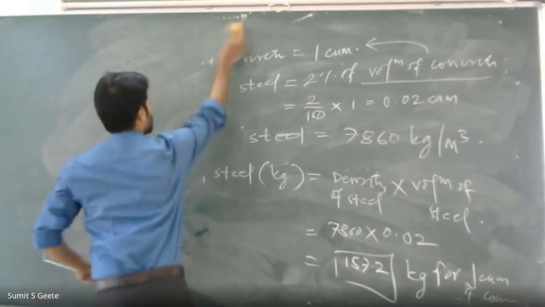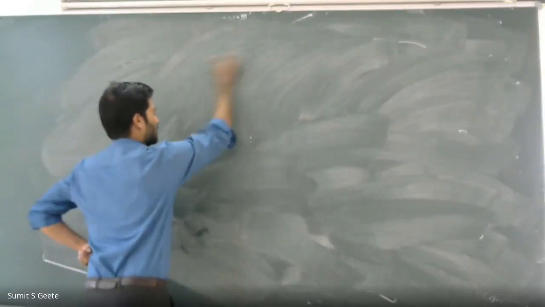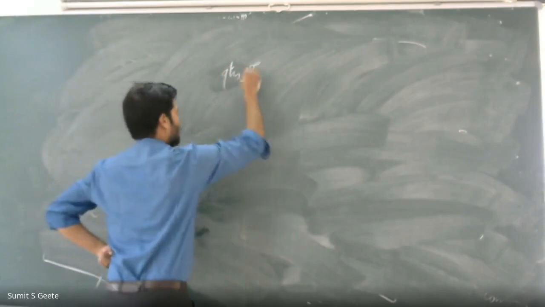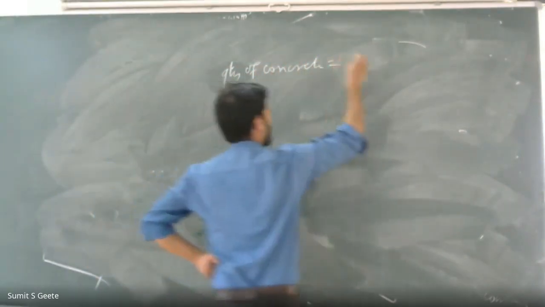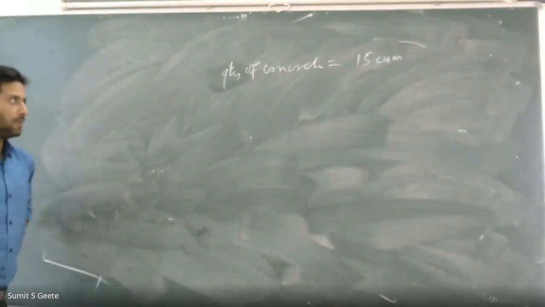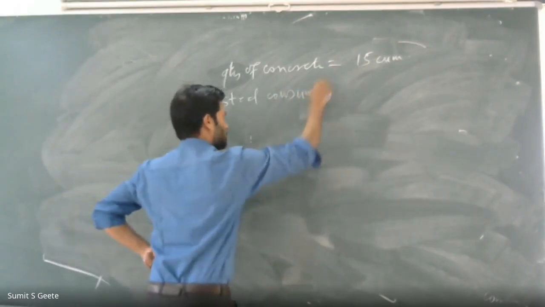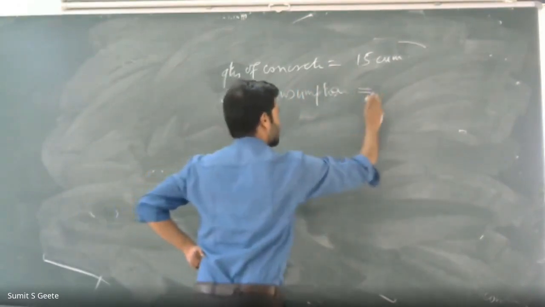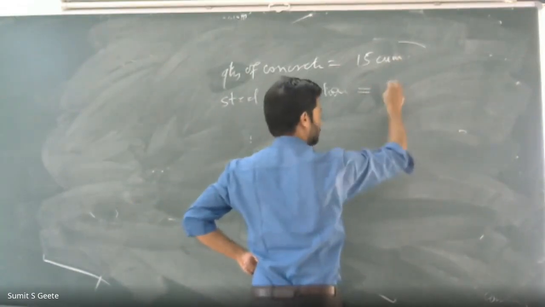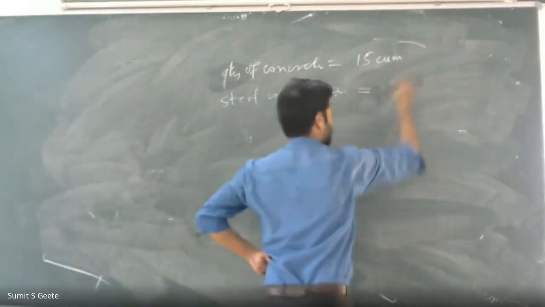Now suppose the quantity of concrete is 15 cubic meter, and steel consumption is, instead of 2%, suppose 1.2%.